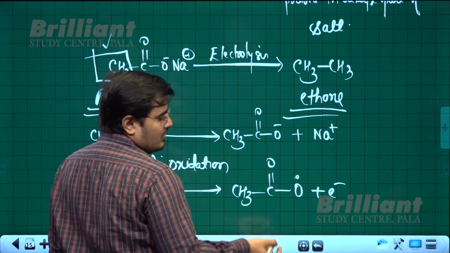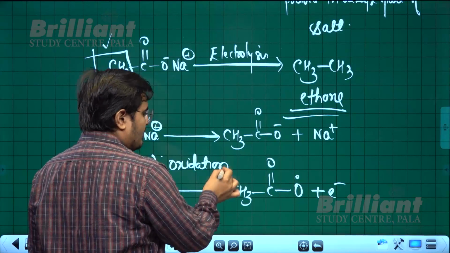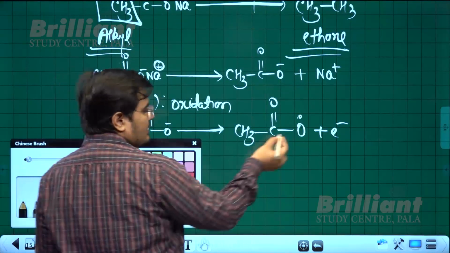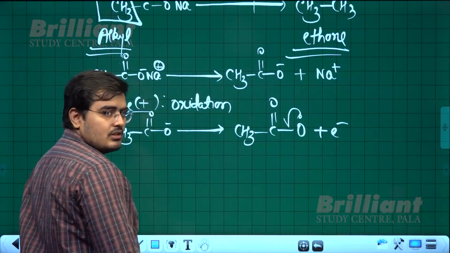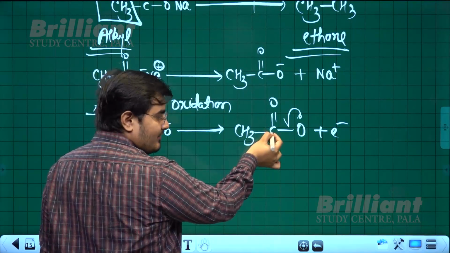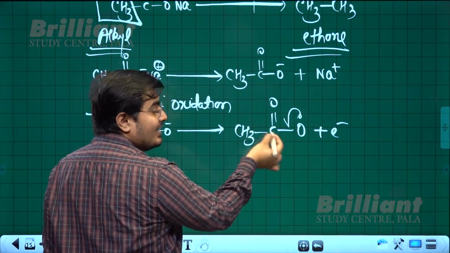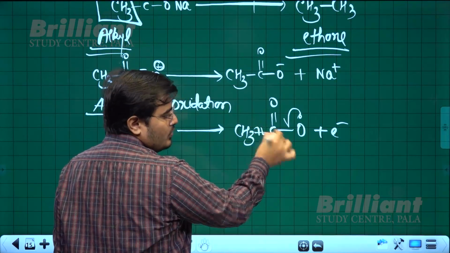Now after the loss of the electron, one electron will be left unpaired on oxygen. So this O radical is going to pair with an electron from this carbon and ask this carbon to make a bond. But for this carbon to make a bond, it needs one unpaired electron. We know in this bond there are two electrons.